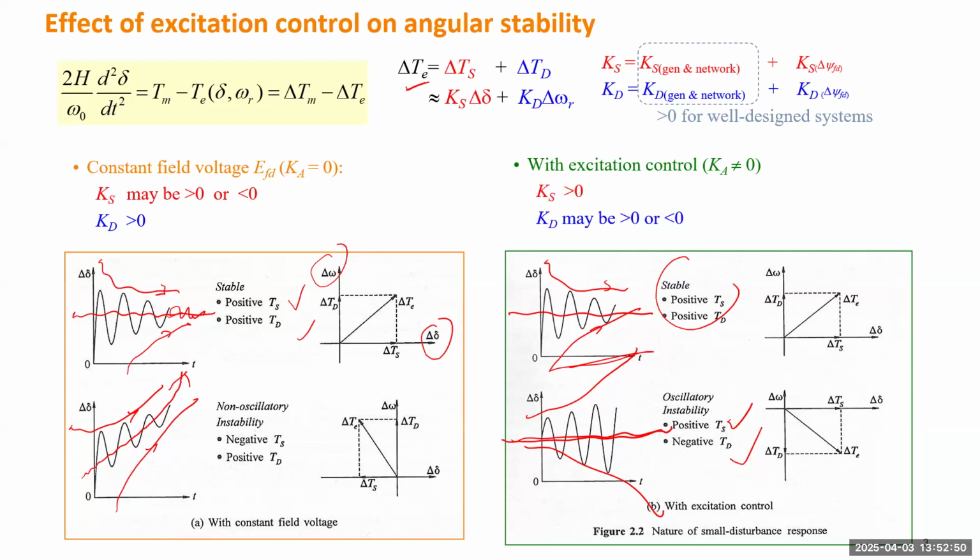All right, so that's a dilemma we're facing. Maybe I have a generator, so it can be either stable or unstable. If I have no excitation control, the generator can fly away with a large disturbance, but the damping may be fine.